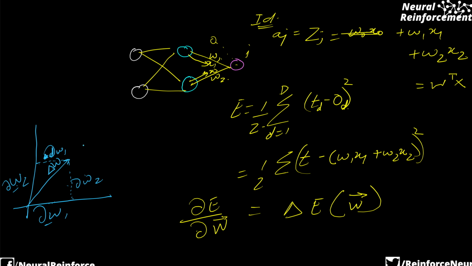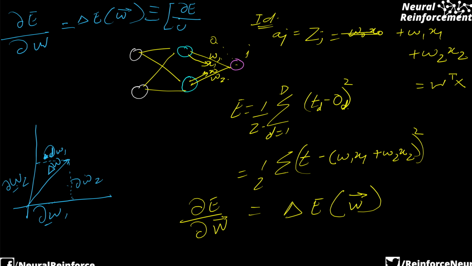So in a sense, what we are saying is delta E by delta W, which is equal to what we have written over here. Delta E of vector W is nothing but a constituent of our delta E partial differentiation with the first omega, and so on; these are its constituents.